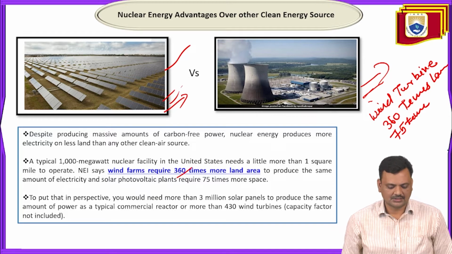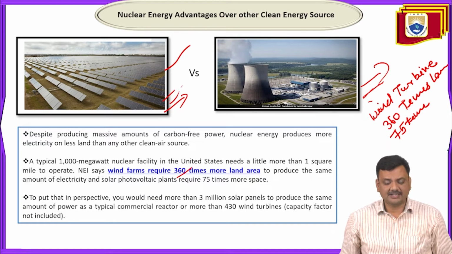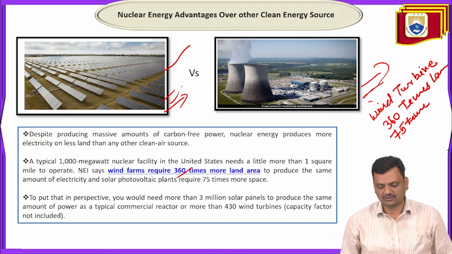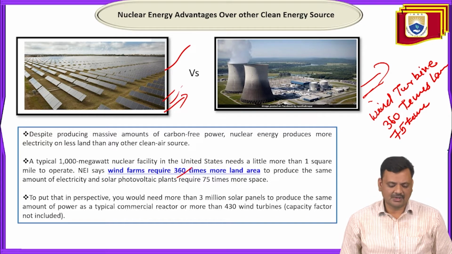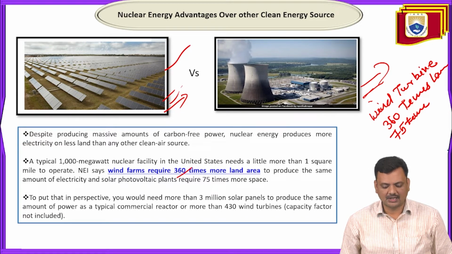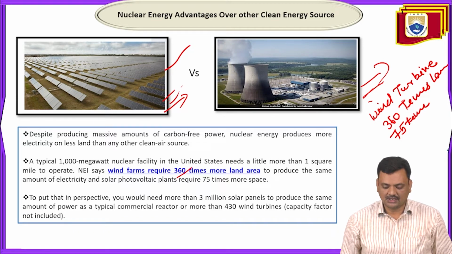Compared to nuclear power energy. To put that in perspective, you would need more than 3 million solar panels to produce the same amount of power as a typical commercial reactor, or more than 430 wind turbines.